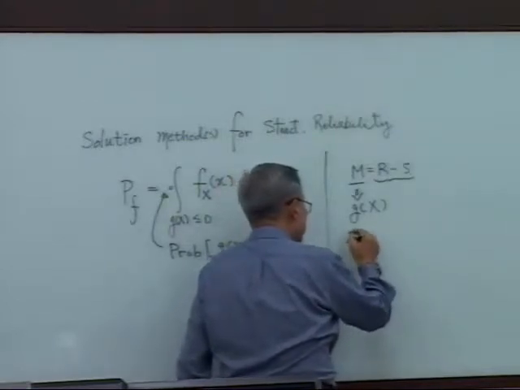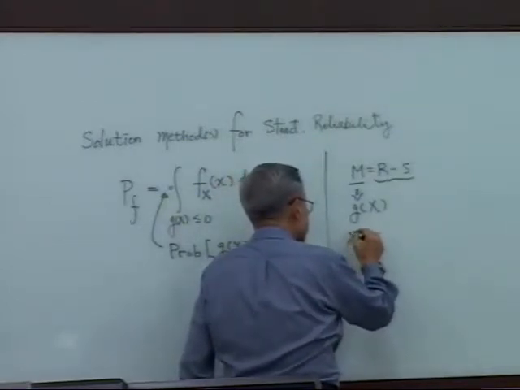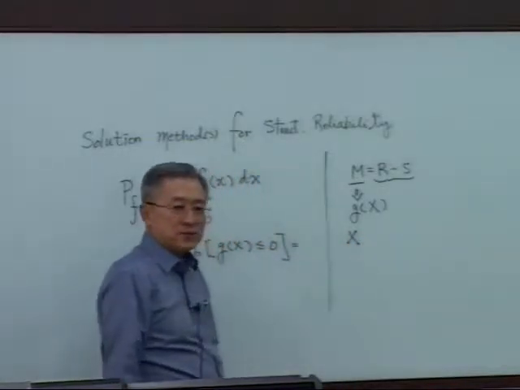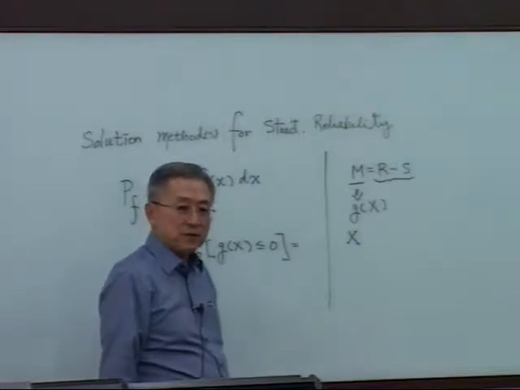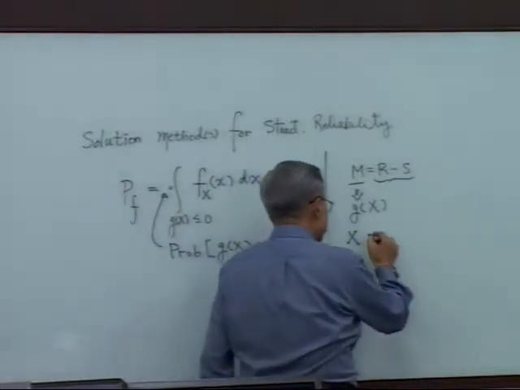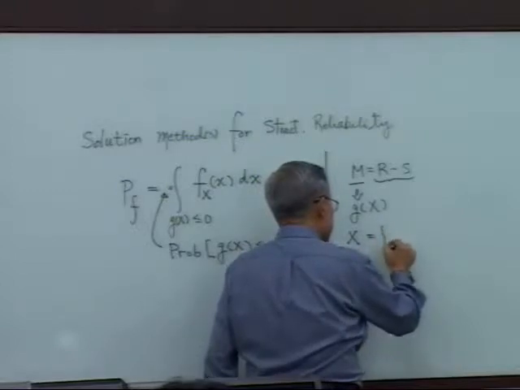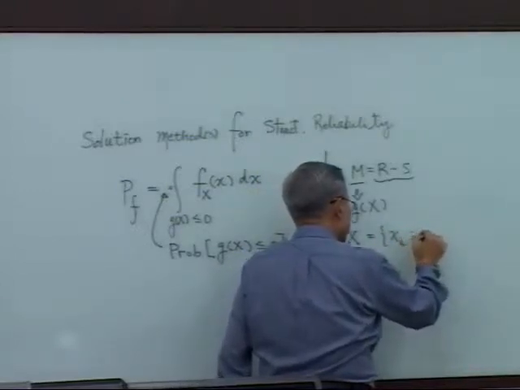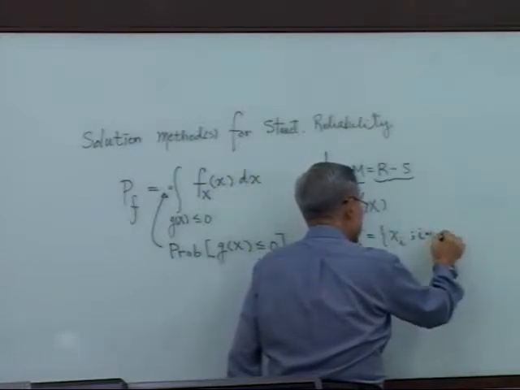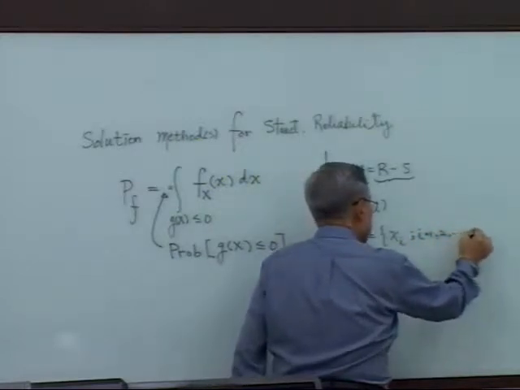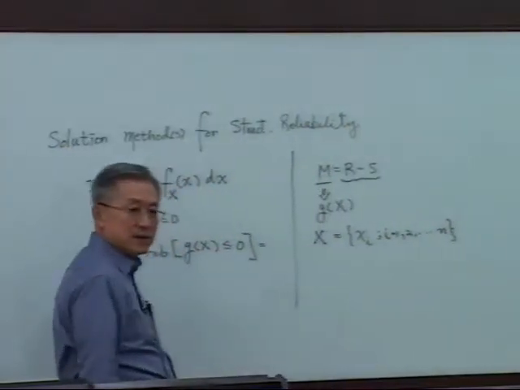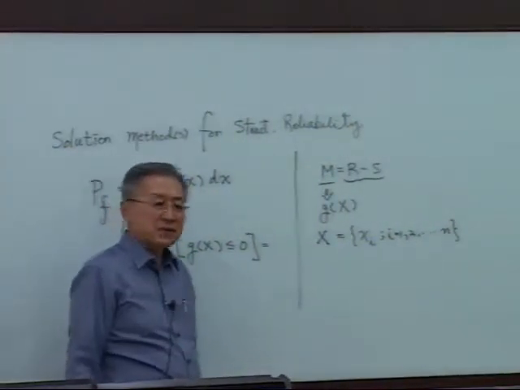And X, whenever I write the capital letter, that's the family of random variables. Or you can say this is equal to Xi, i equal to 1, 2, all the way through n. N different random variables.